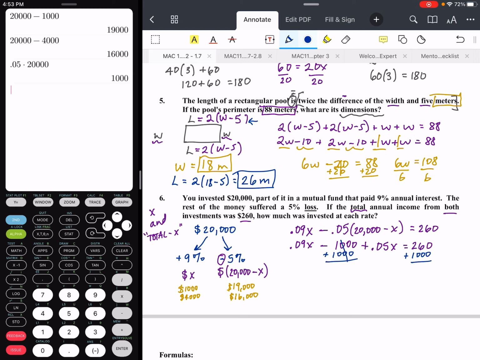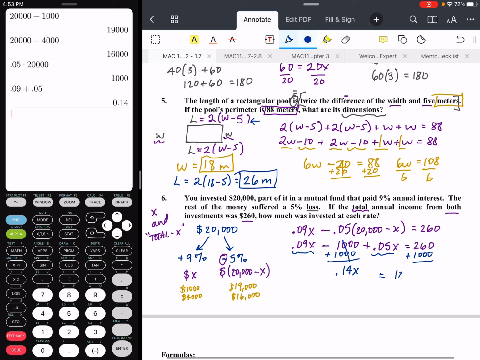And on the left side, I'll go ahead and combine my 0.09x and my 0.05x. If you're not so hot at adding decimals in your head, use your calculator. 0.09 plus 0.05 gives you 0.14. And then bring down the x along with it, equals 1,260. And final step, we're going to divide both sides by 0.14. So 1260 divided by 0.14 gives me 9,000.